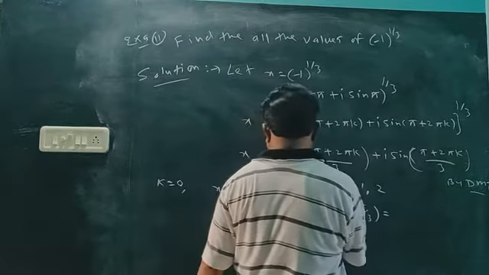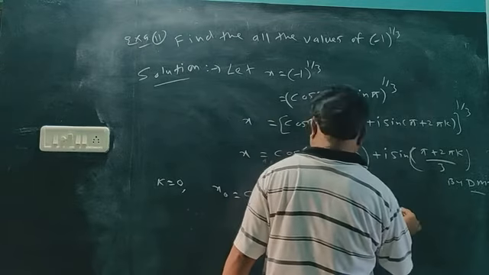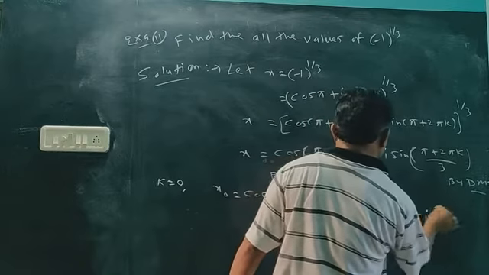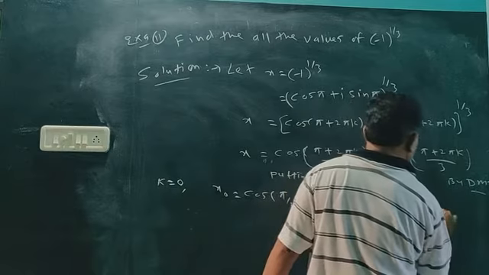So cos 60 is 1 by 2, sin 60 is root 3 by 2.